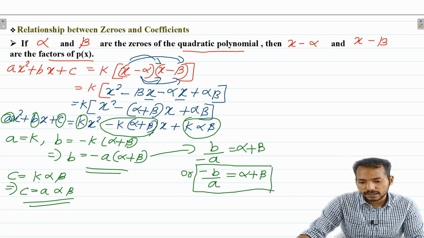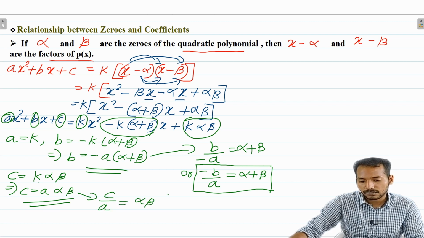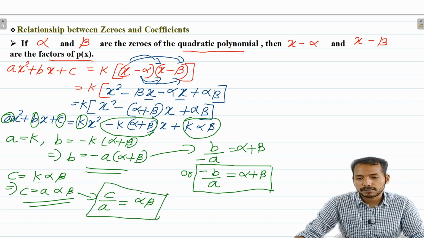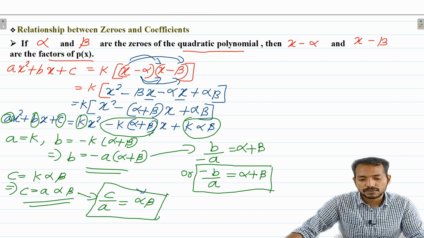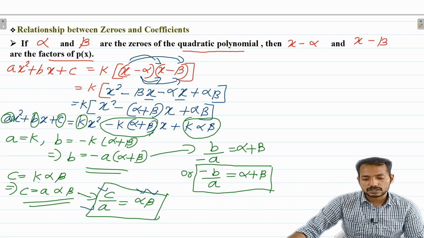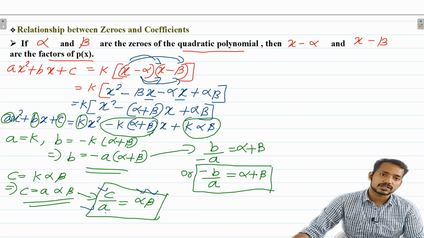Second, we can modify this relation to get C divided by A is equal to alpha into beta. So this is the second relation we have. Product of zeros, that is alpha into beta, is equal to C divided by A. Clear? That means the product of zeros is equal to the constant term C divided by the coefficient of x square.